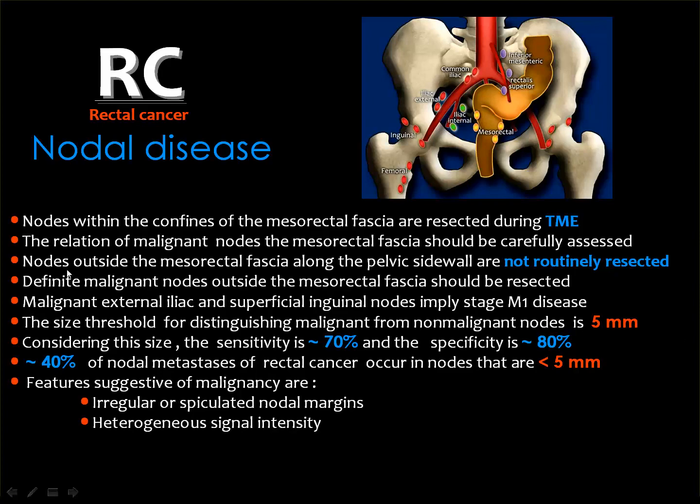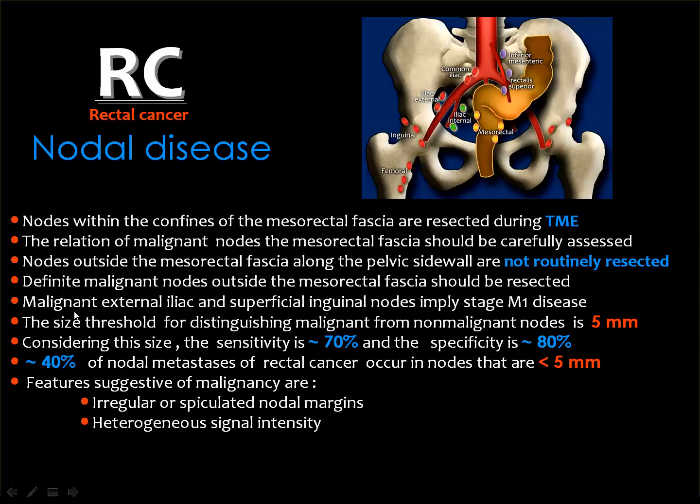Nodes outside the mesorectal fascia are not routinely resected unless they are definitely malignant. Malignant external iliac and superficial inguinal nodes may indicate metastasis and M1 disease.